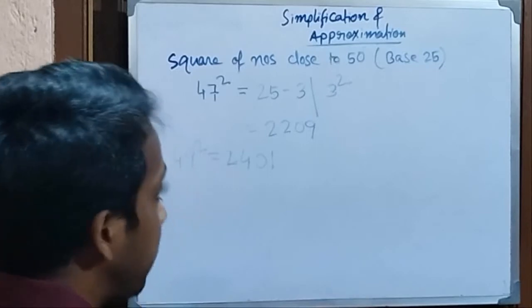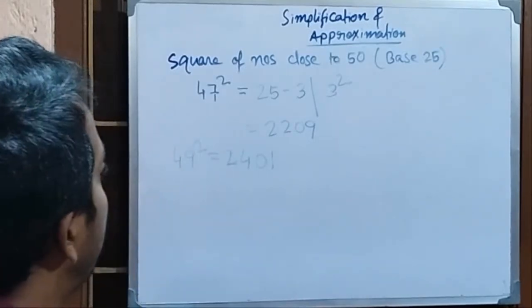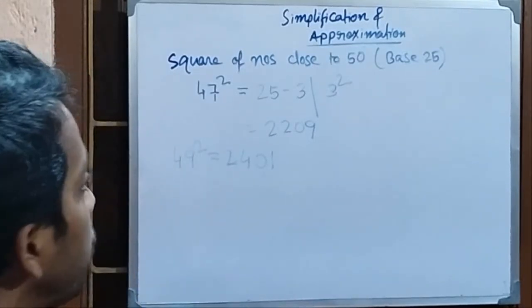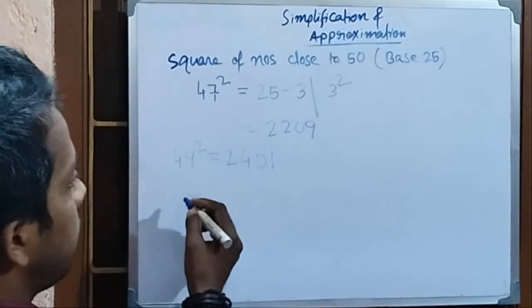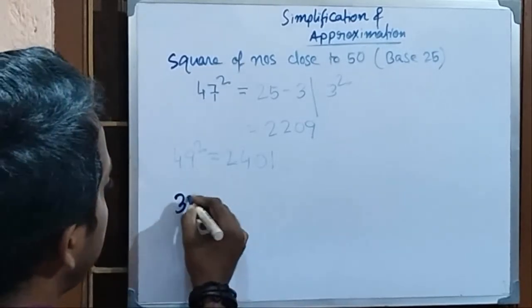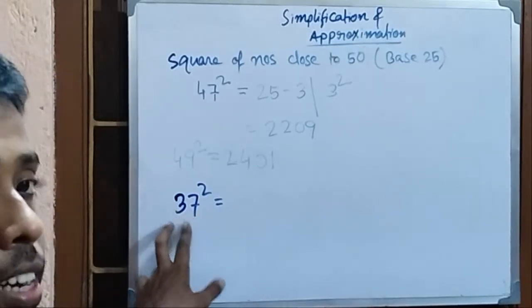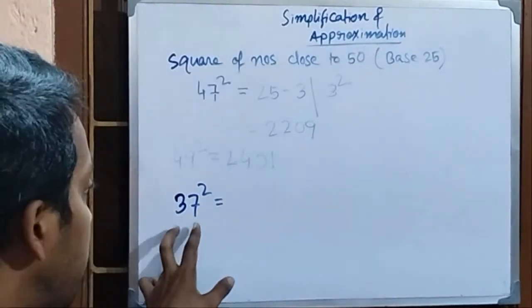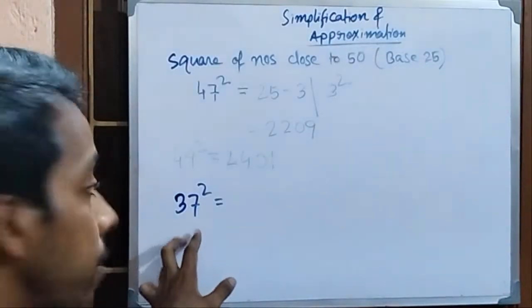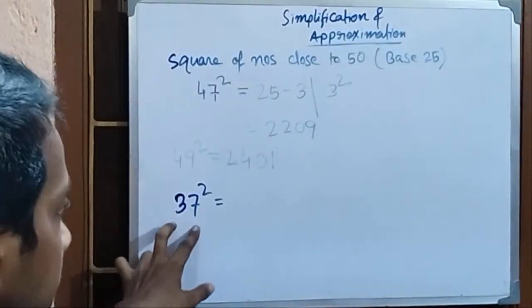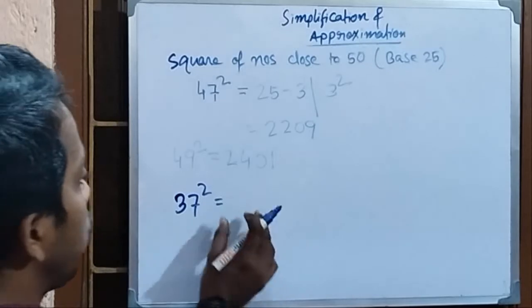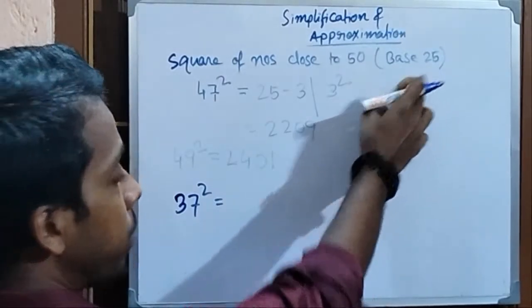Now take some number close to 50, but something like 37 square. So here 37 is 13 less than 50. This is a big difference, I can say, so that's why I take this example. It is 13 less than 50, so 13 you should subtract from this base 25.